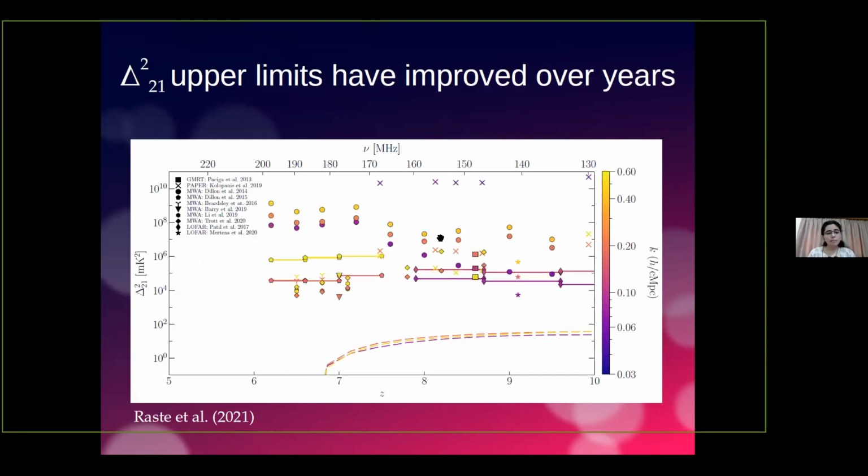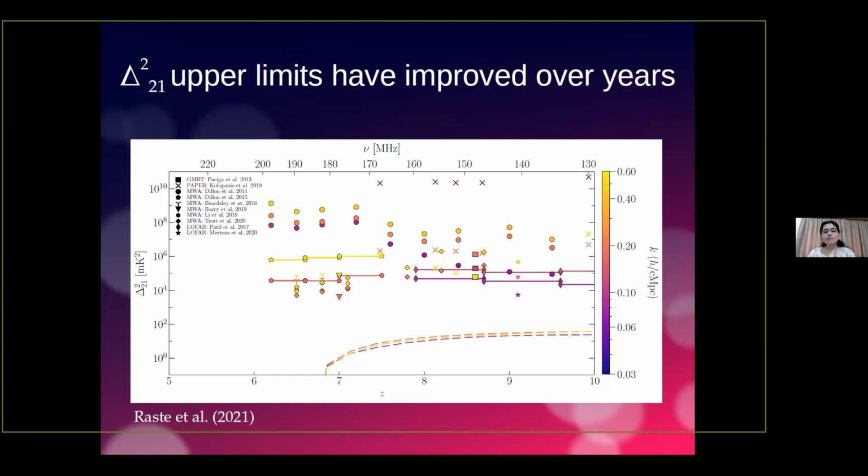And we have had a number of excellent observational limits over the years, from GMRT, PAPER, MWA, and LOFAR. And these results have improved over the years. So at low redshifts, we have constraints from MWA, and at intermediate redshifts, we have them from LOFAR, which are the best current upper limits.